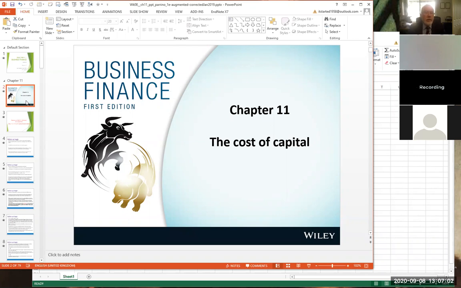We're going to be looking a bit more at the character of the business, the firm, and how we work out the cost of capital. The last couple of weeks we've been looking at things like discount rates and expected rates of return, that sort of thing.